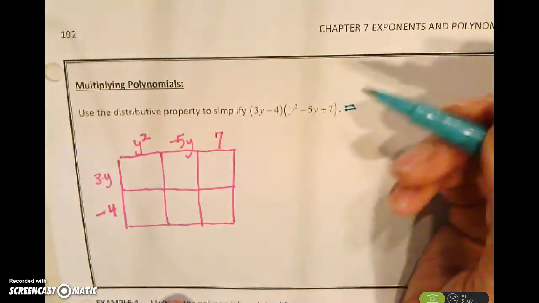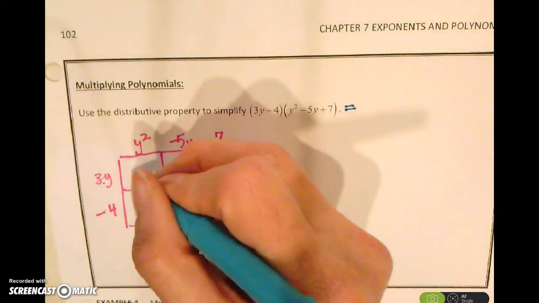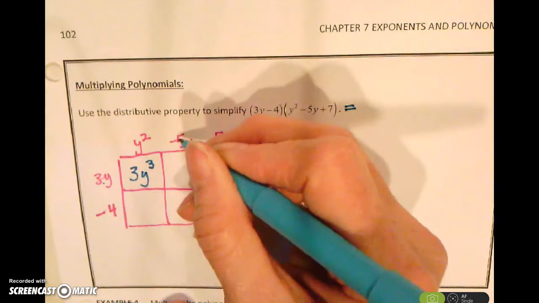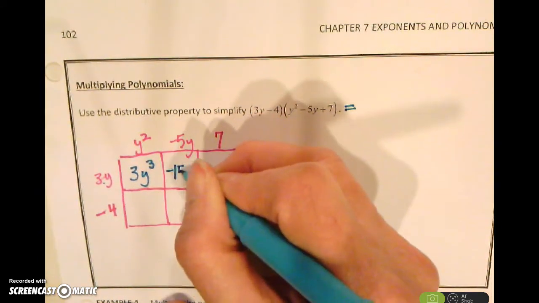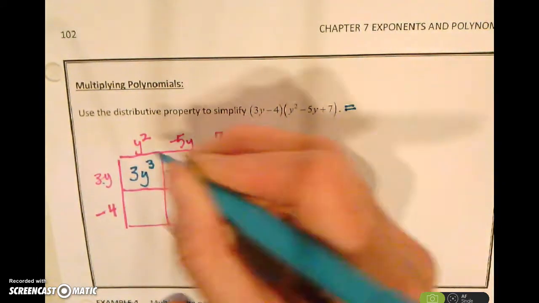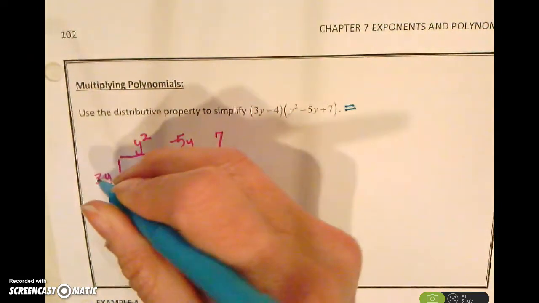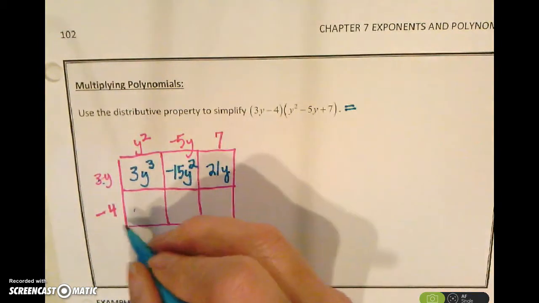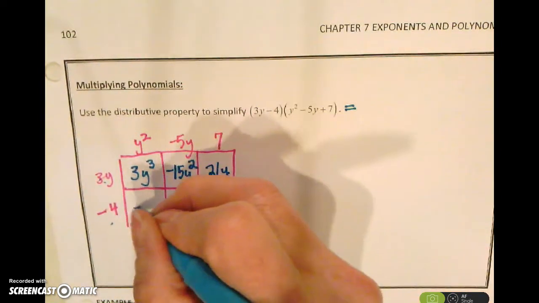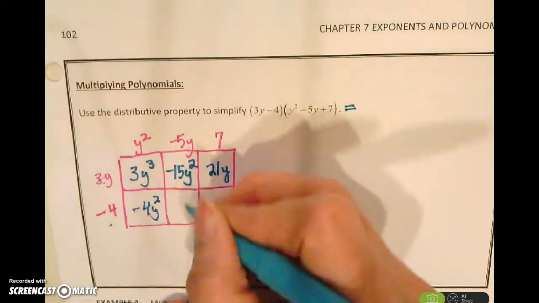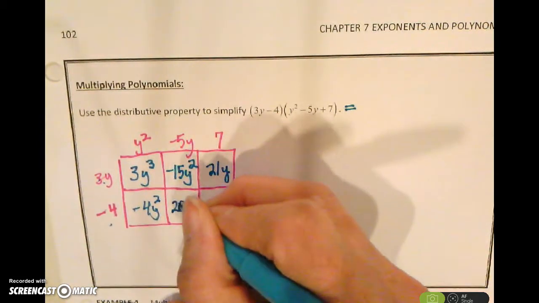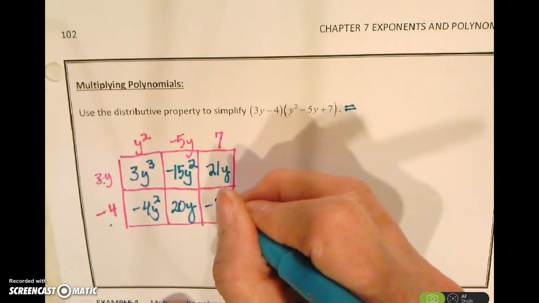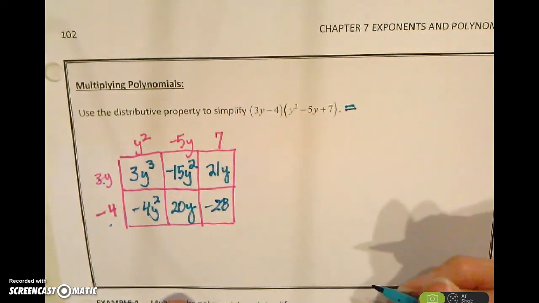So this is then equal to 3y times y squared is 3y to the third. 3y times a negative 5 is negative 15y to the second. Add those exponents. And then 3y times 7 is 21y. Then negative 4 times y squared is negative 4y squared. Negative 4 times negative 5 is 20y. And then negative 4 times 7 is negative 28.